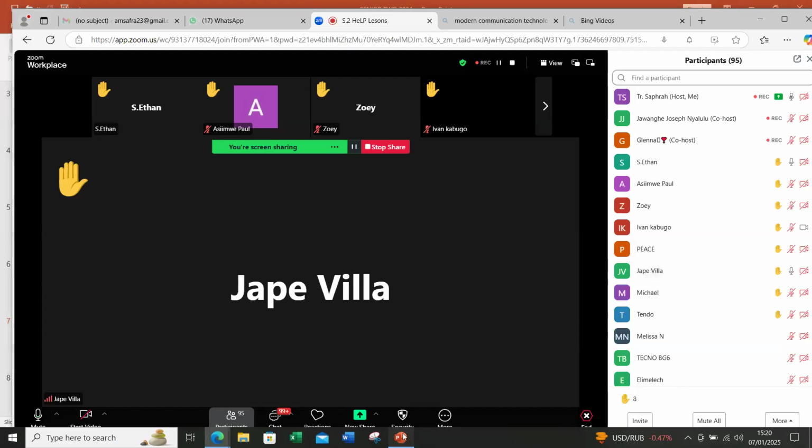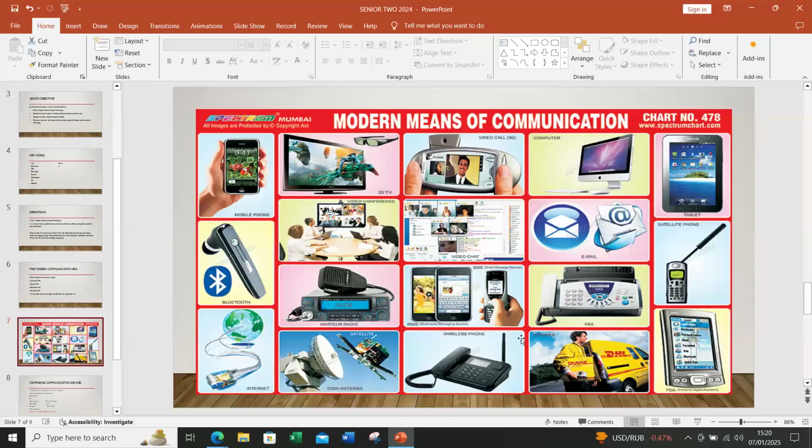The computer is here down, in the right corner. In video conferences, computers and laptops are used to share information. Okay, thank you very much.